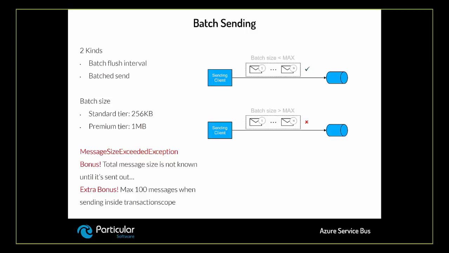And the extra bonus that we get is same thing as with transactions. We cannot send more than 100 messages in a single batch. Therefore, if you have a process that sends out messages and you're trying to optimize performance by batching them, you have to ensure not only that the size is less than the maximum, but also that the number of messages is less than 100.